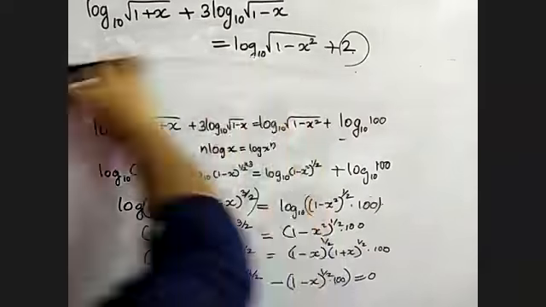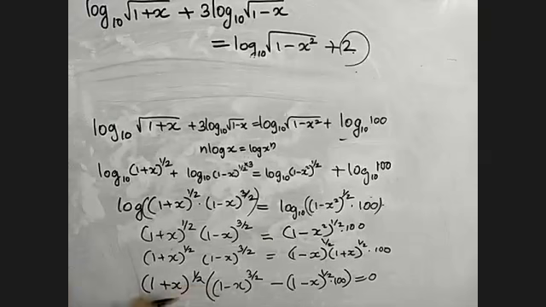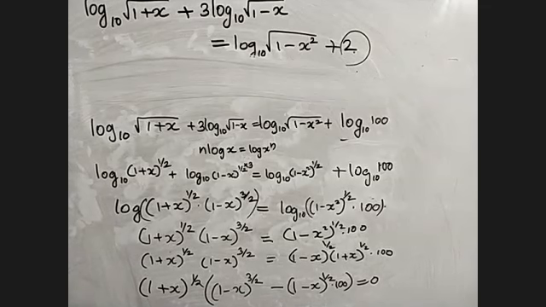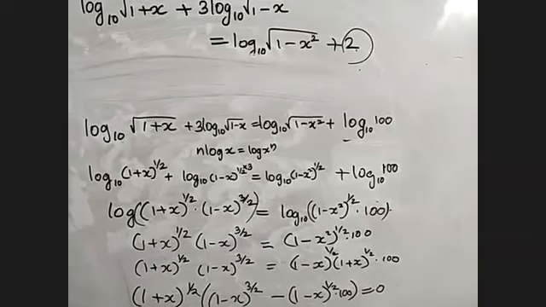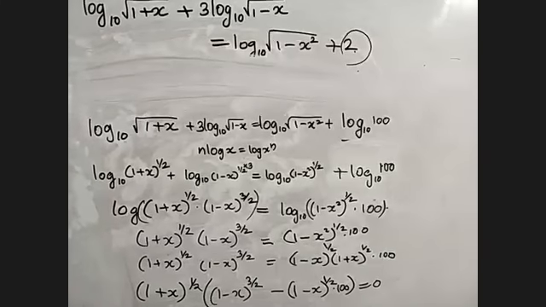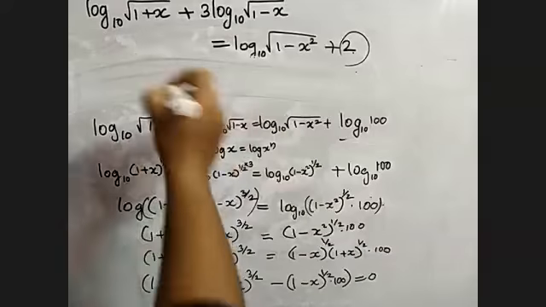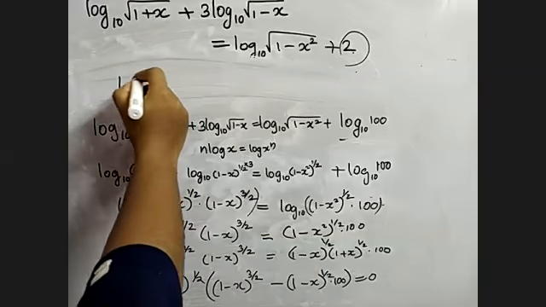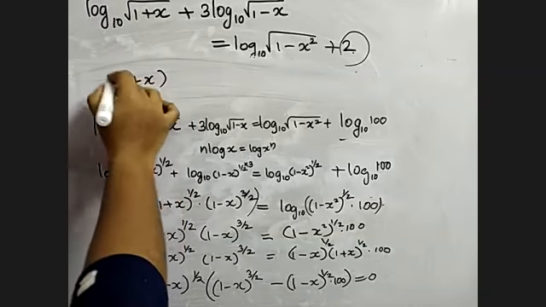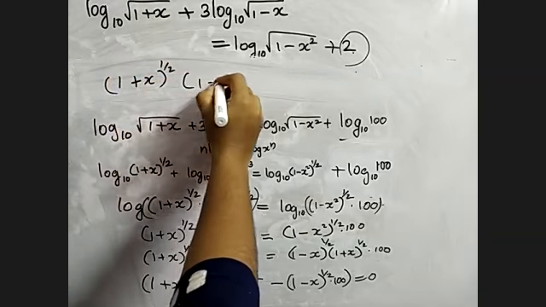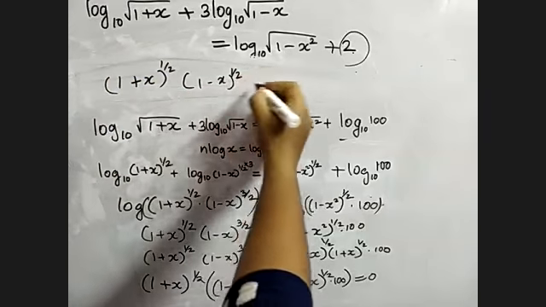So this I can write as, again take 1 minus x the whole raised to 1 by 2 common now. So I'll have 1 plus x the whole raised to 1 by 2, 1 minus x the whole raised to 1 by 2.